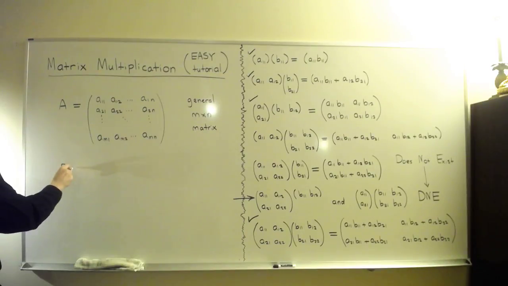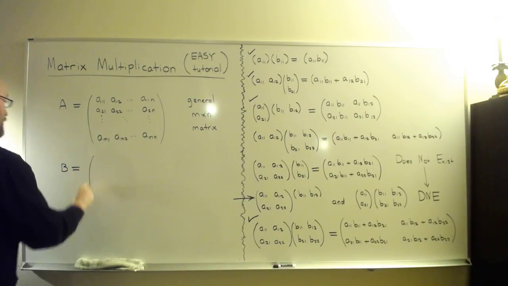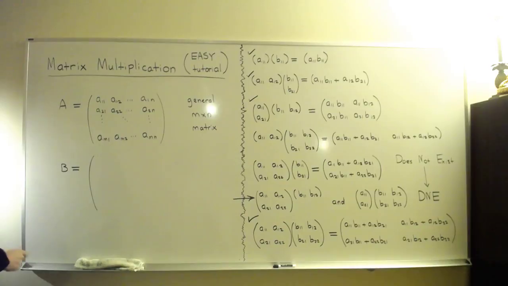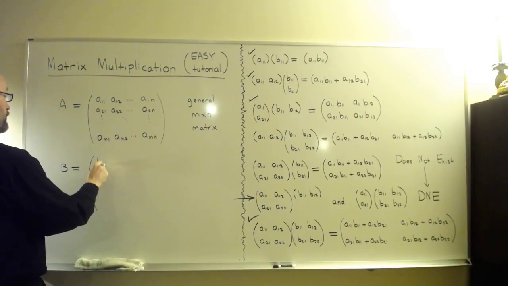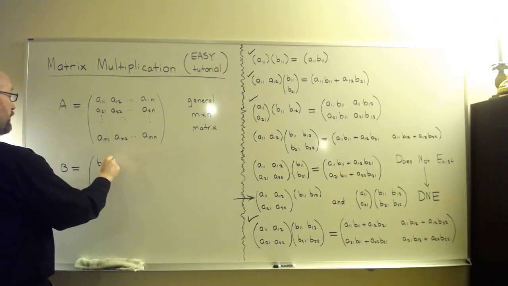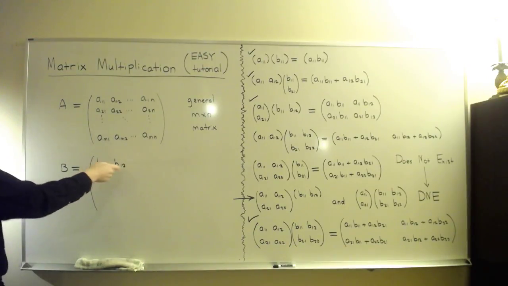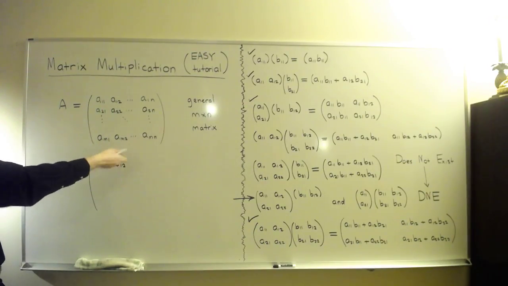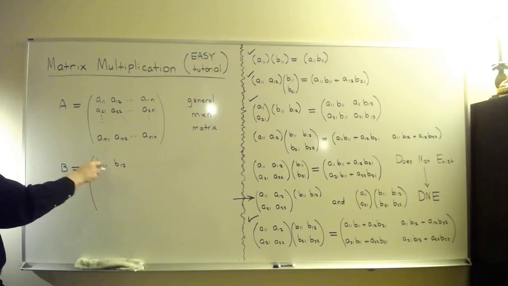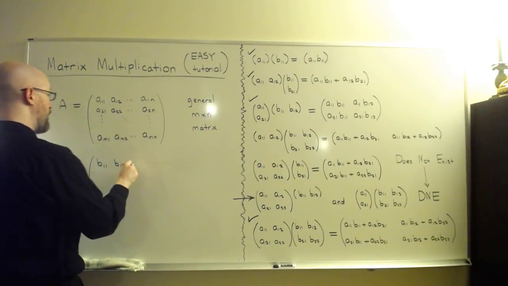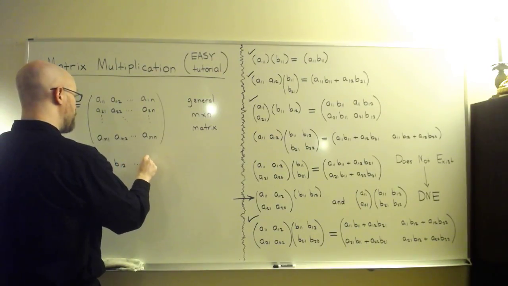Well, I can play the same game with another matrix B. And here I can label the entries with B's. B11, B12. Now, so far, this is numbered the same as what these are because it means the same thing. First row, first column, first row, second column, dot, dot, dot. And I'm going to go over to B1.